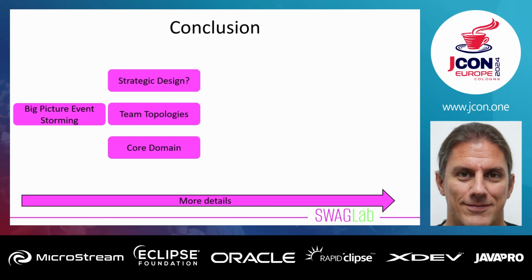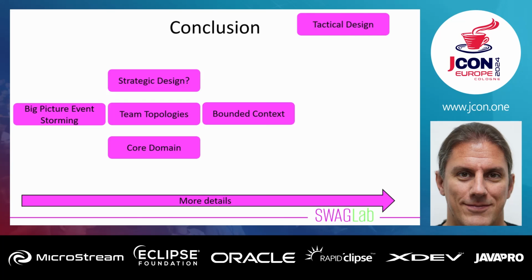You probably want to do team topologies instead, as I mentioned. Then we spoke about bounded context, and inside such a bounded context, like the delivery one that I've shown, you would do tactical design then. So that's sort of all the techniques that I've spoken about.